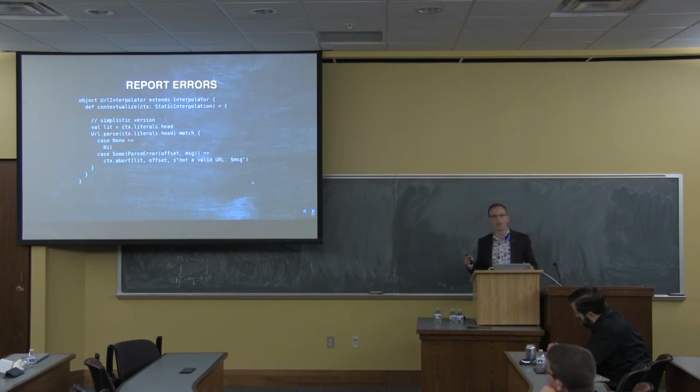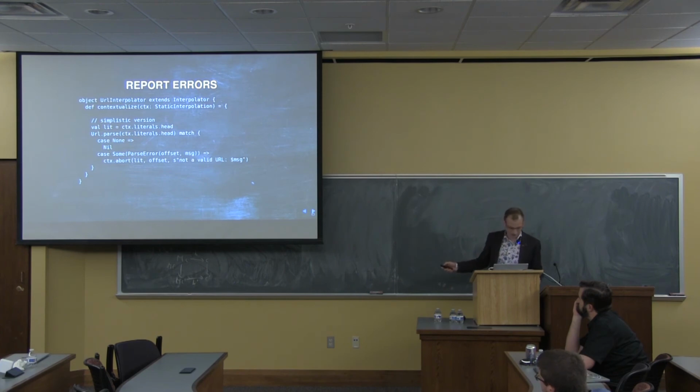So this is an example where we assume there are no substitutions, in which case the head of the literals is the whole thing. And we run our url.parse method. I don't know what that is, but let's say it's implemented. We run that on that thing, and we check whether there were no failures, in which case we proceed to return nil as before.